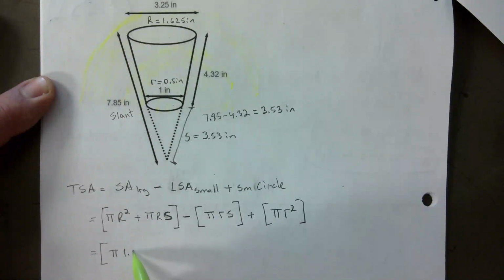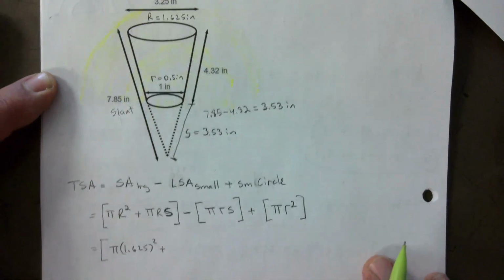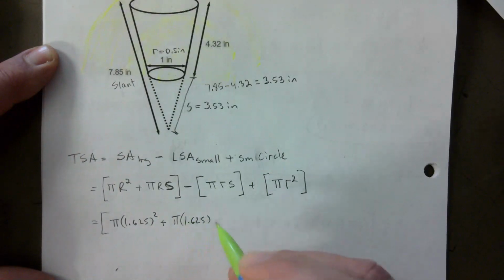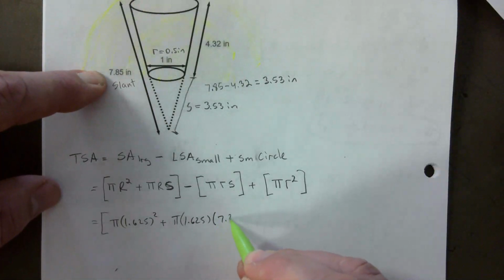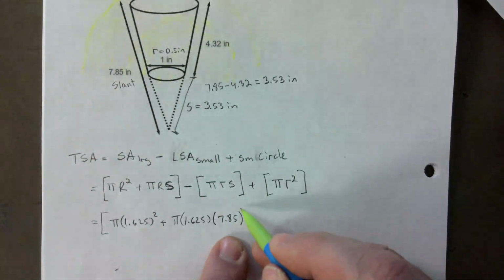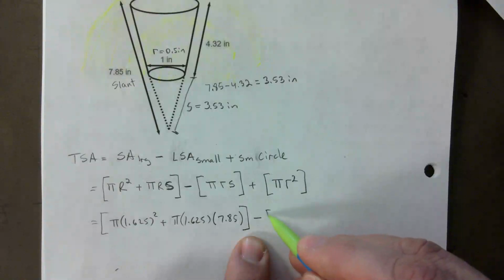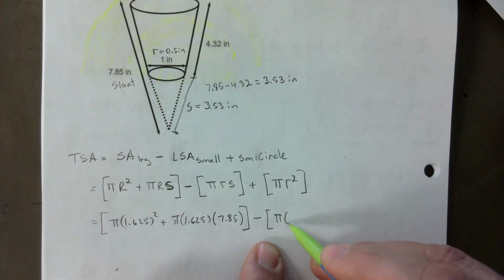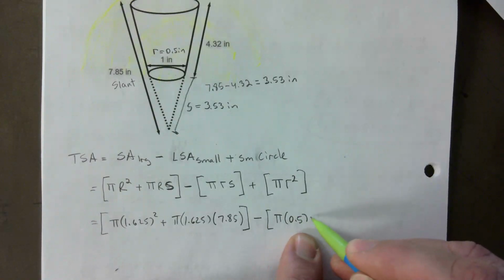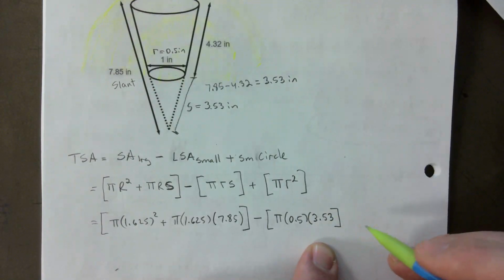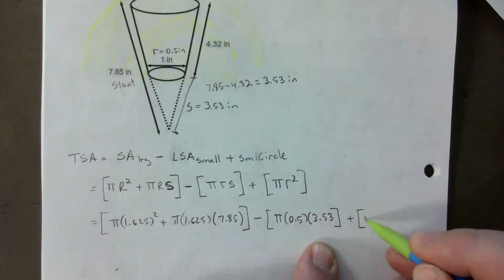R squared would be 1.625 squared plus pi R S, that's the slant for the large one, right? So that would basically be the first square bracket, minus pi r lowercase s, plus pi lowercase r squared.